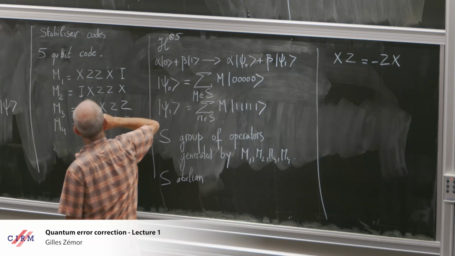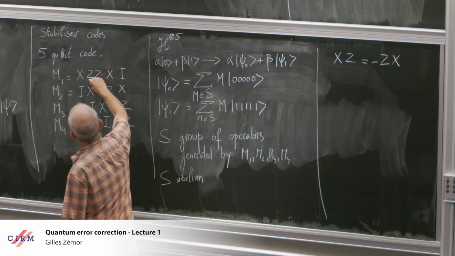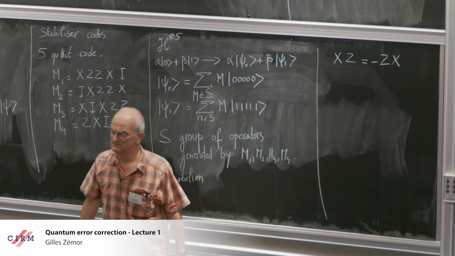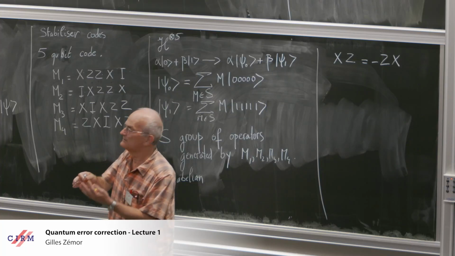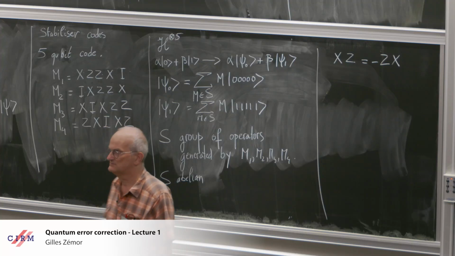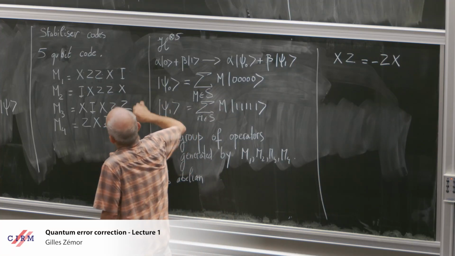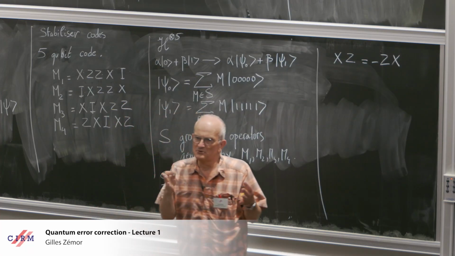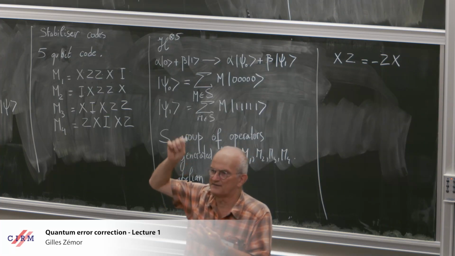Also, here, Z commutes with itself, but Z anti-commutes with X, and X anti-commutes with Z. So both of them together, they cancel the minus, and you get that these operators actually commute. And you see that they all commute pairwise. If you take any two of them, you have an even number of coordinates where you see Z and X or X and Z.